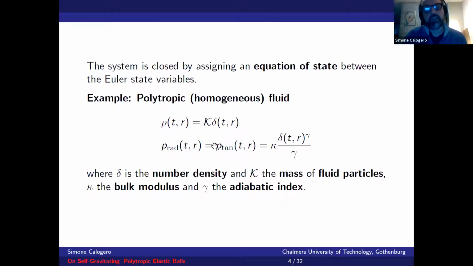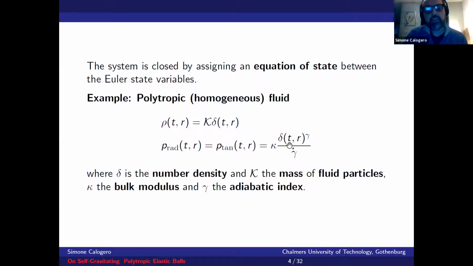And because it's a fluid, then only isotropic stress is allowed, which means that the radial pressure and the tangential pressures are the same. And in the polytropic case they are given by this power law of the density. So in this expression, kappa is called the bulk modulus of the fluid, and gamma is the adiabatic index.